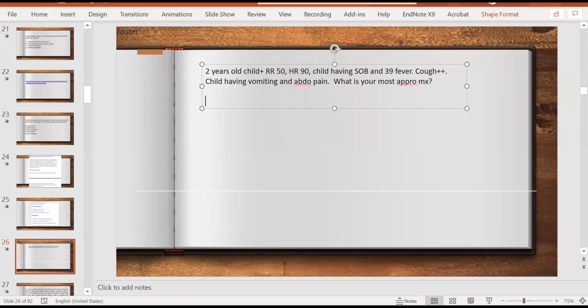Heart rate is not very high. Respiratory rate is 50. Now, is it a non-severe or severe pneumonia? Why is it severe?